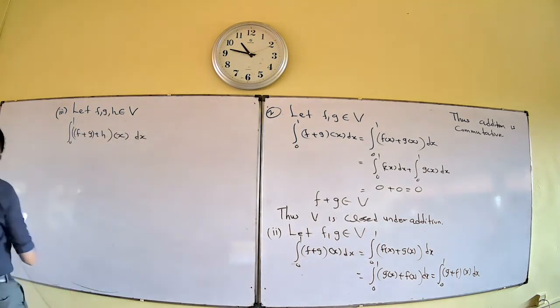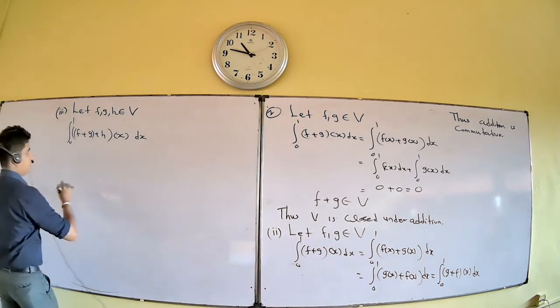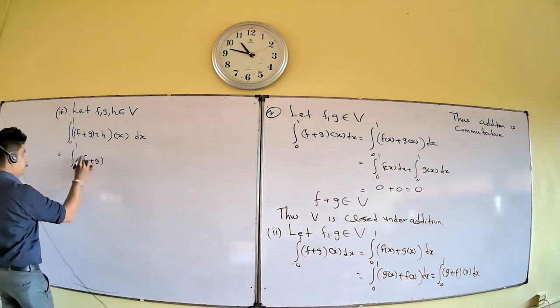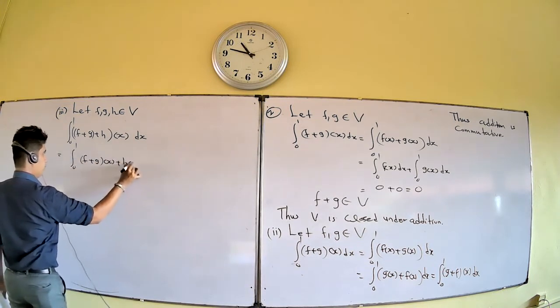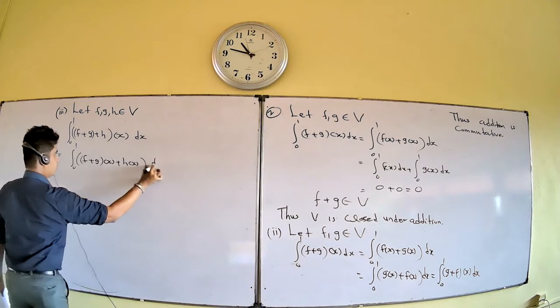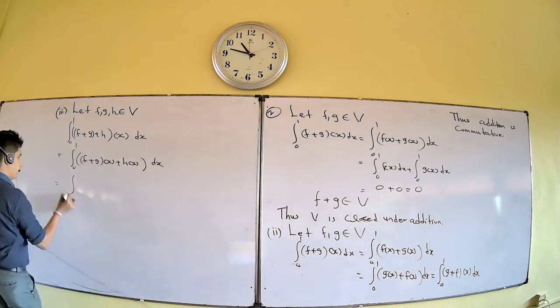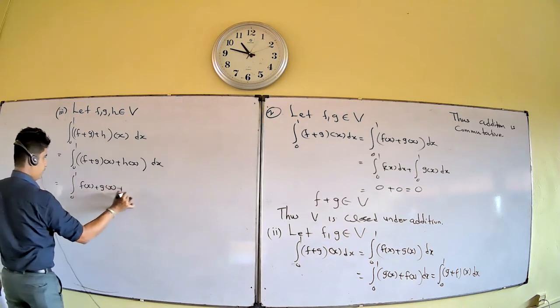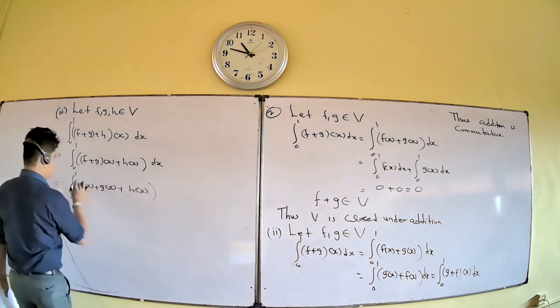So this one we will write as the integral from 0 to 1 of (f plus g)(x) plus h(x) dx.